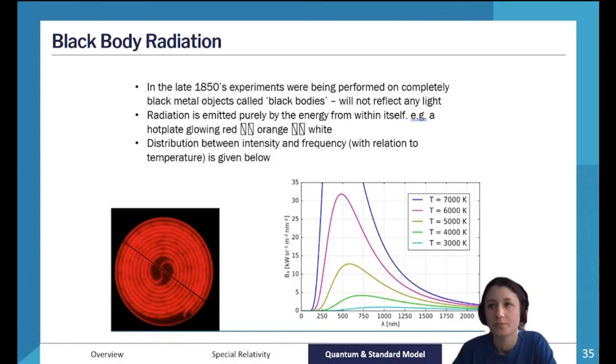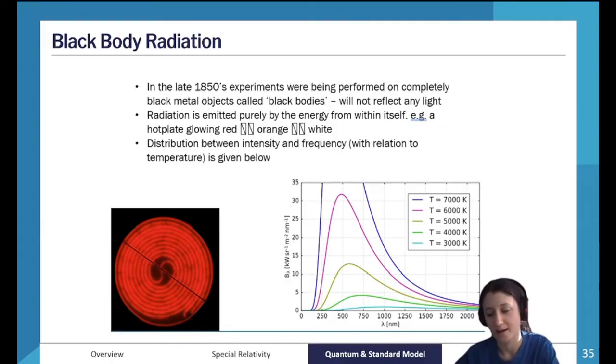So, the interesting part about black body radiation is to do with what frequencies of light are emitted. So remember, the frequency of the light tells us about its color, right? The color of the light. So, as you can see on the graph, we have a graph between the brightness B and the wavelength.